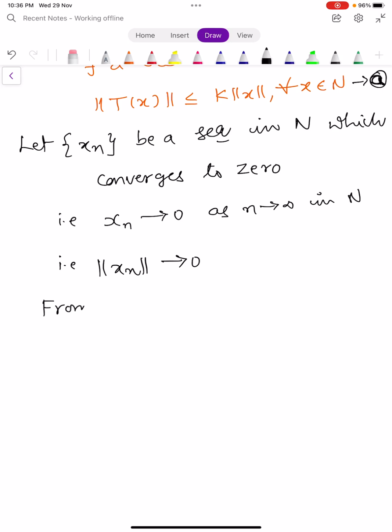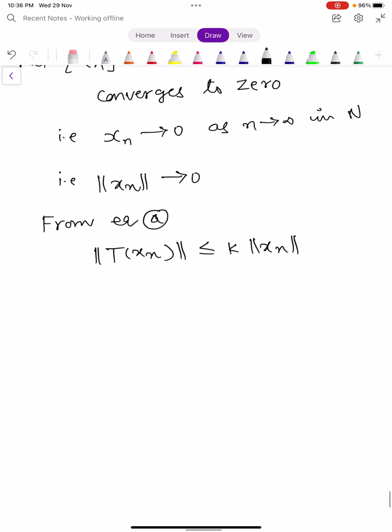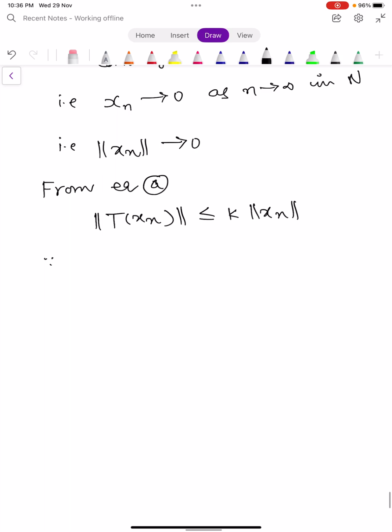Now from equation A, norm of T of xn is less than or equal to k into norm xn. Because norm xn tends to 0, this implies norm T of xn also tends to 0.